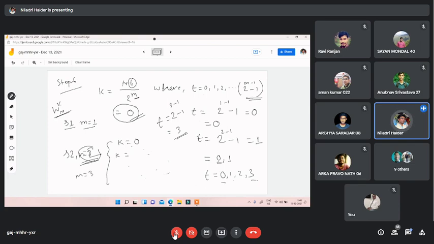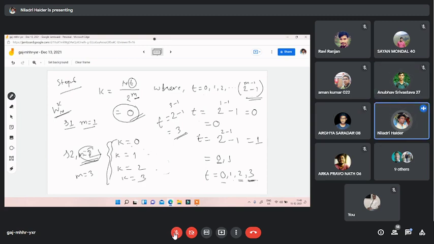So k for t equal to 1 is 8 by 2 to the power 3, so 1. For t value 2, k value will be 2. For t value 3, k value 3.